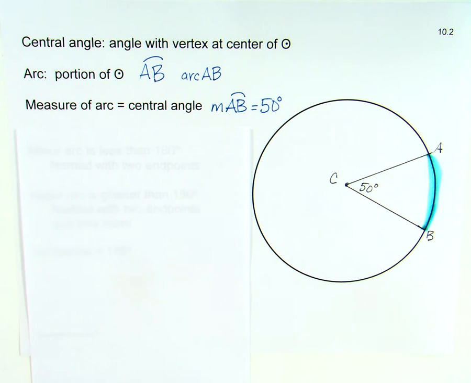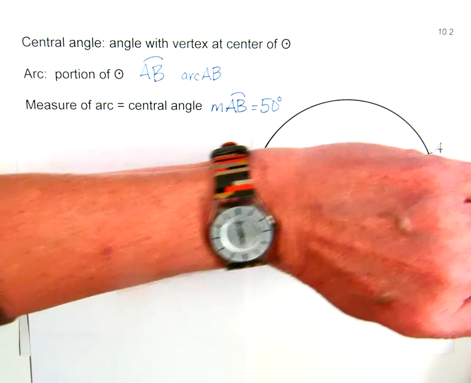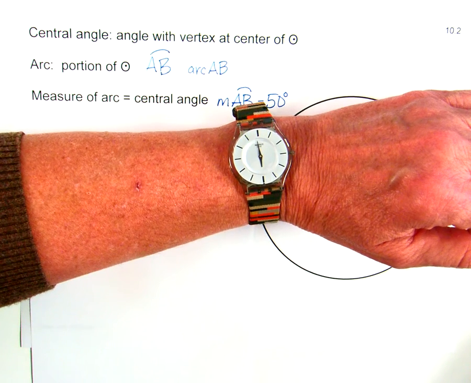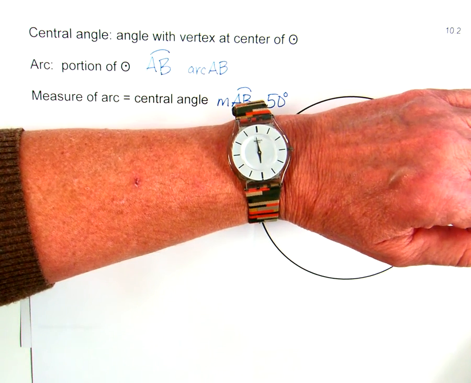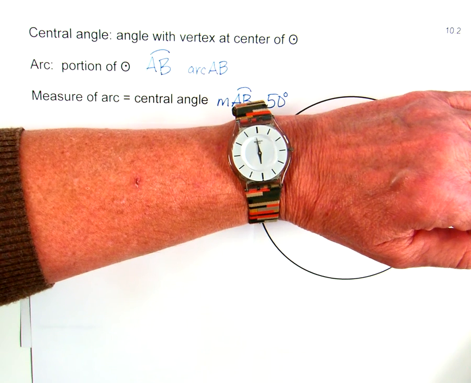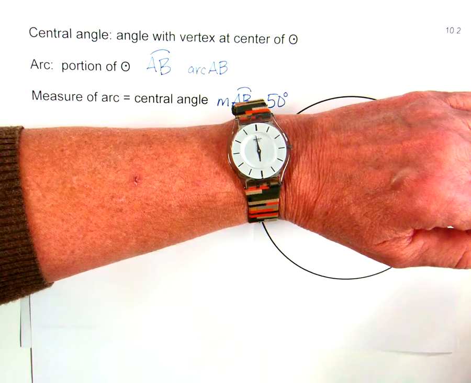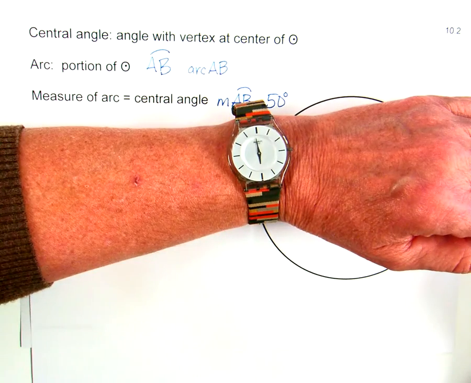How does that come up? Well, the measure of an arc has to do with the angle between them. Here I've got my watch, and it's just almost a 90-degree angle. Let's say it's 180 degrees. So let's say it's 178 or something like that. It makes an angle between the hands.